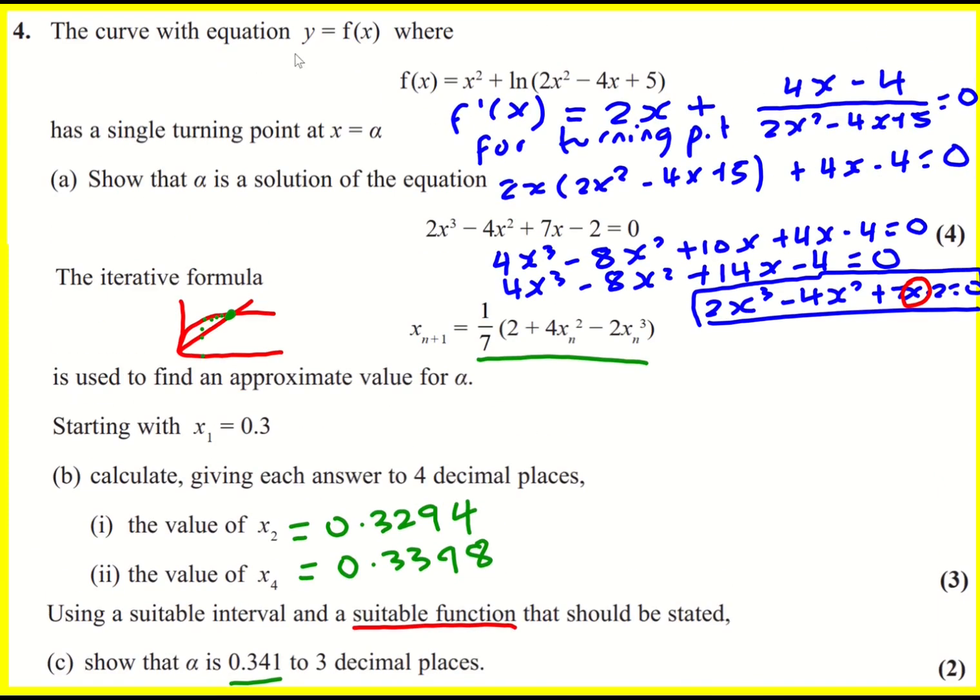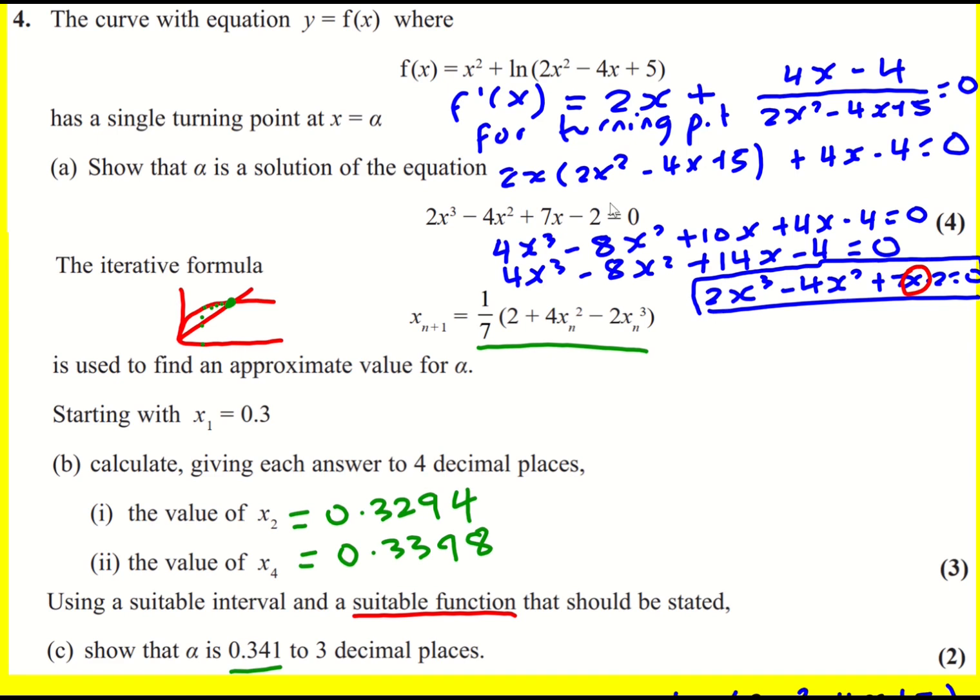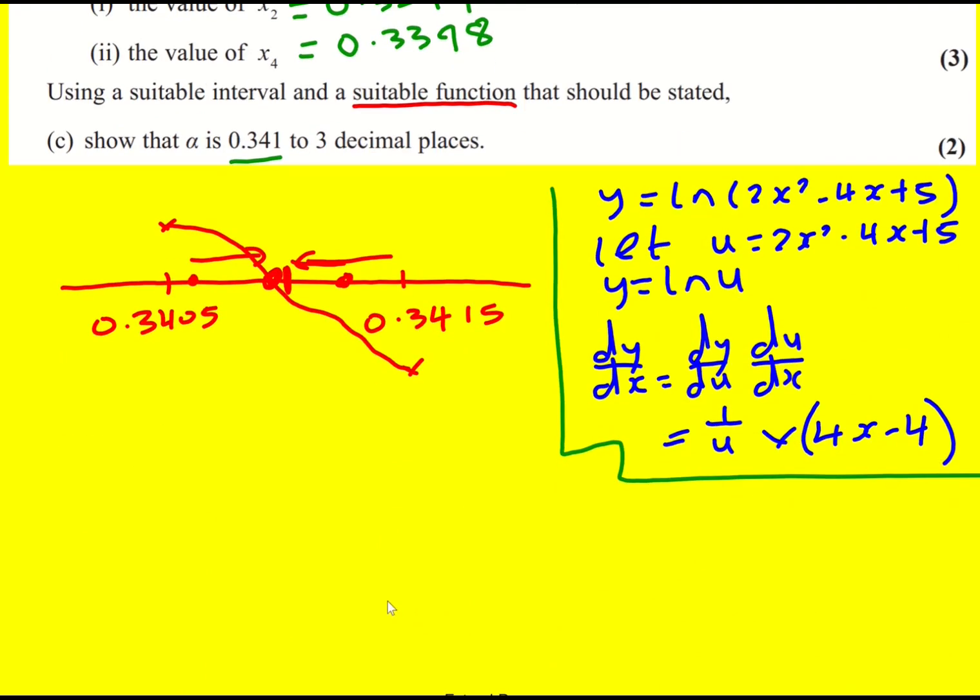It's actually not the original function. We're solving the cubic that arose from differentiating and setting it equal to 0. So it's this 2x cubed minus 4x squared function. Just going to bring it down. So I'll call it g of x.